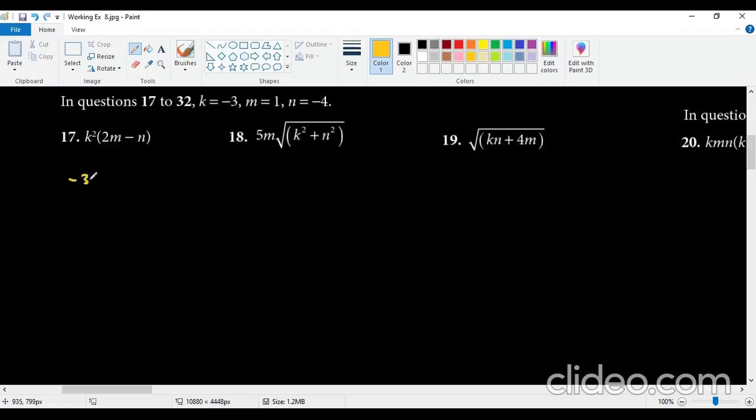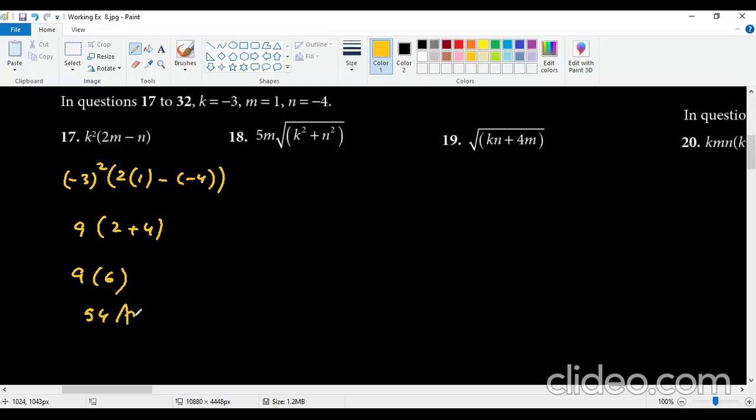So directly substituting the values, k square equals negative 3 square, and in the bracket you have 2 times 1 minus n, which is the value of minus 4, something like this. Now this will give you 9, and 2 plus 4 is going to give you a 6. That means 9 times 6 is going to be 54 as an answer.